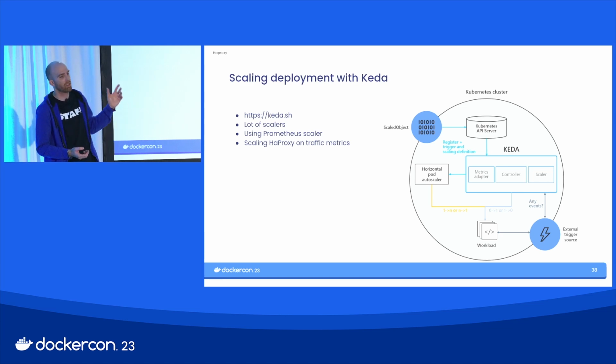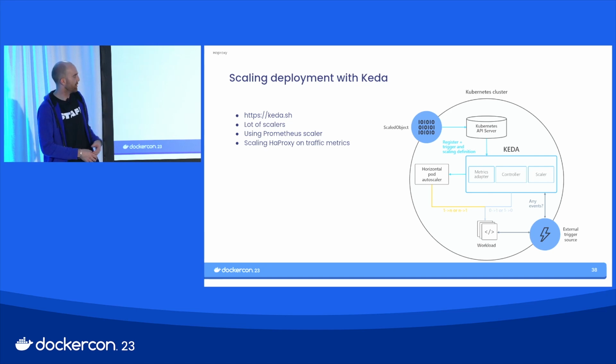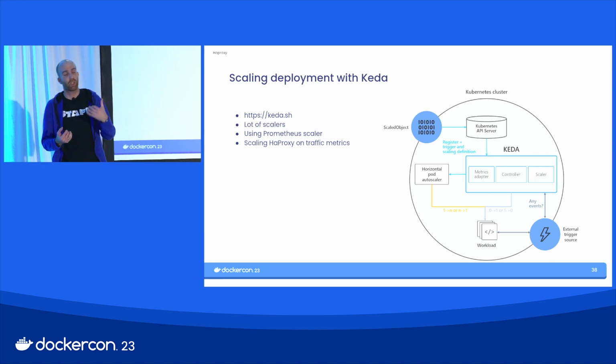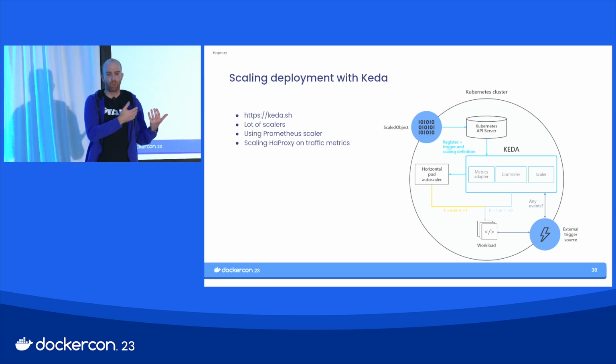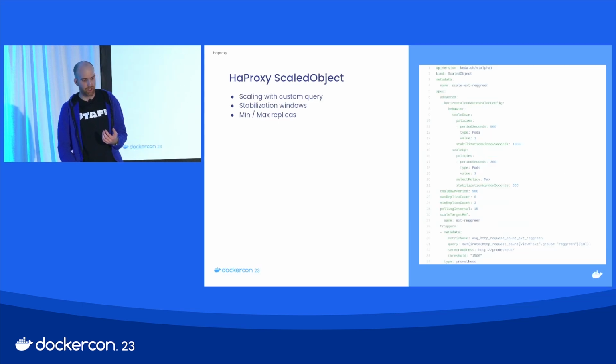You can scale with a queue, PubSub, RabbitMQ, Redis, a lot of things you can check on their website. And for us, we're using the Prometheus scaler, so we can scale depending on a query to Prometheus, so with our internal metrics. So that's why we went to KEDA.